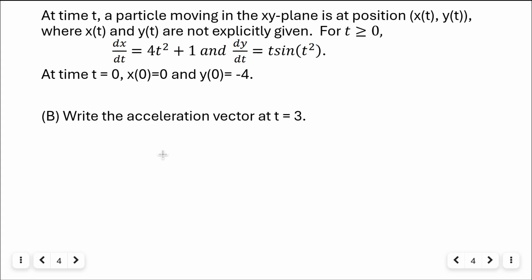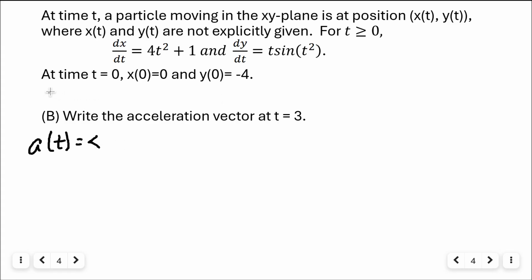Let's write the acceleration vector at t equals 3. dx/dt is 4t squared plus 1. dy/dt is t times sine t squared. The acceleration vector, a of t, will be the derivative of the velocity vector.